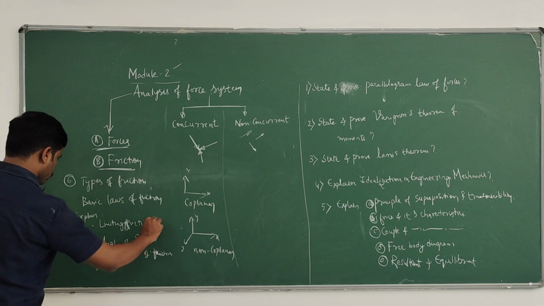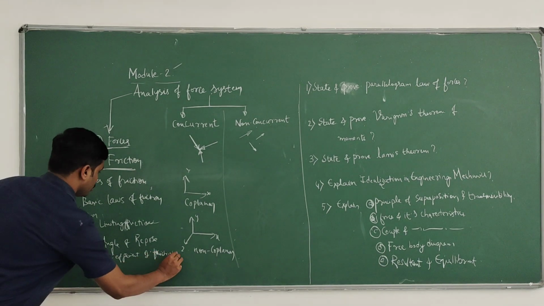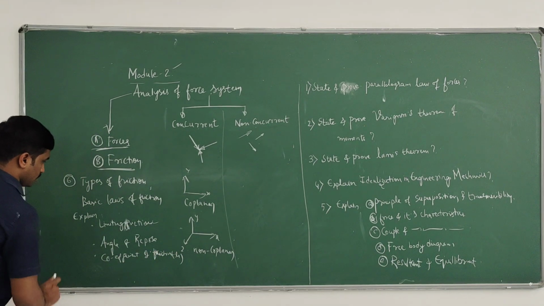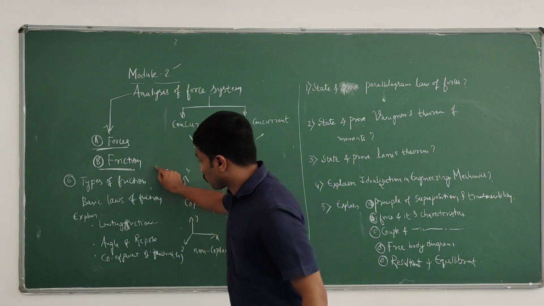So angle of repose, limiting friction, and coefficient of friction. This is mu. So these are the very important things in the friction topic.